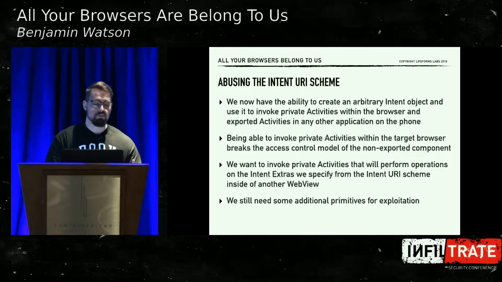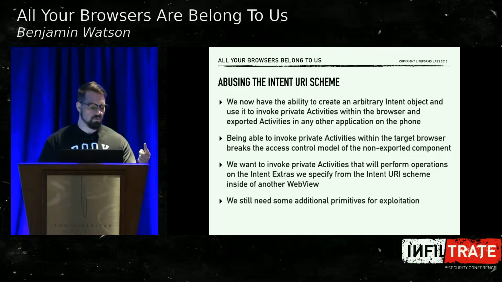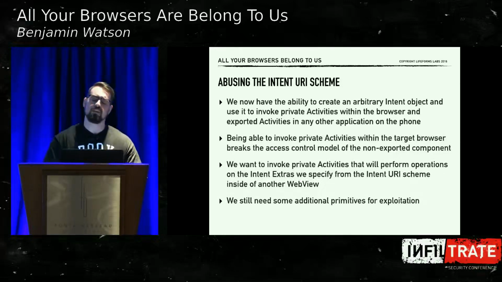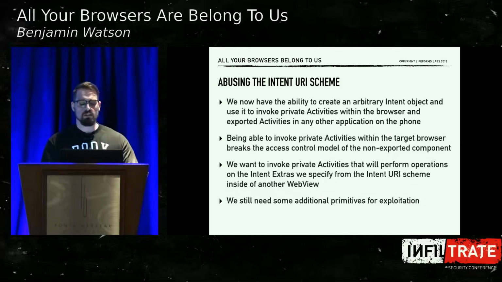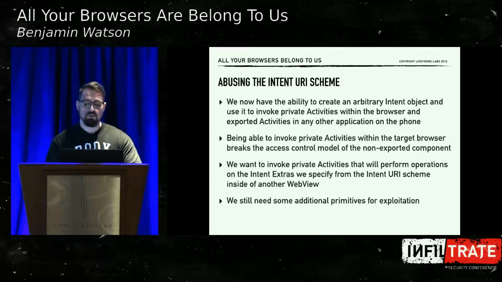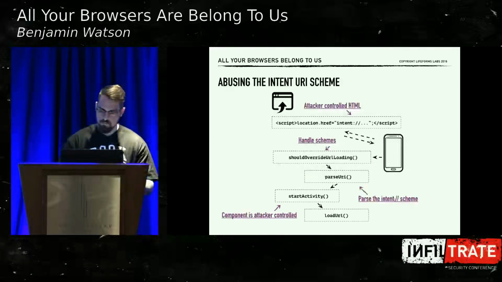Because we can control the intent extras that are sent to, let's say, this private activity, we want these intent extras to be operated on in a way that provides us more access or an execution context within another activity that's implemented in a web view.